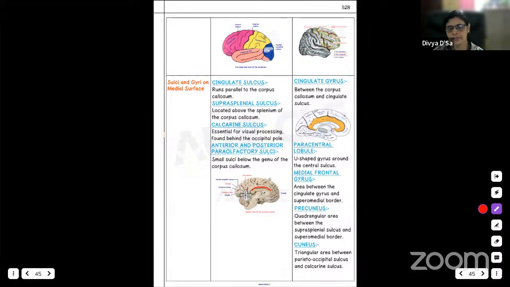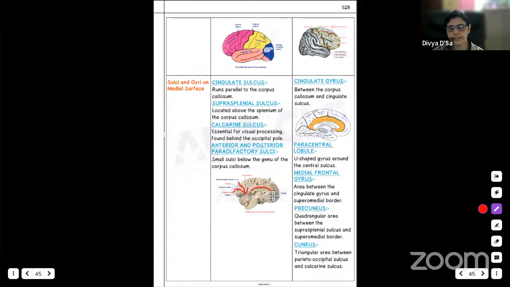The calcarine sulcus begins near the splenium, and it goes this way. Above this calcarine sulcus, from midway, begins the parieto-occipital sulcus, which goes up and appears on the superolateral surface.